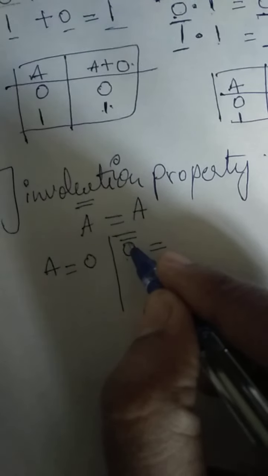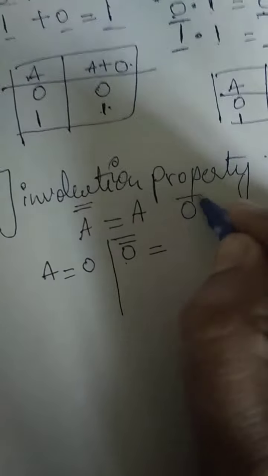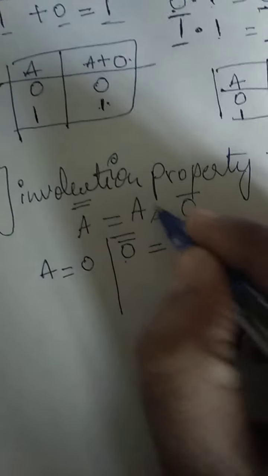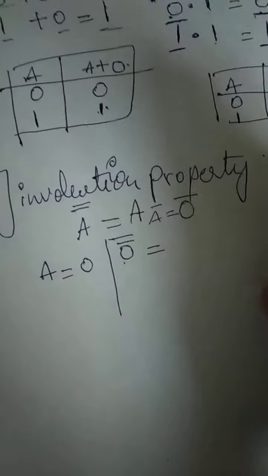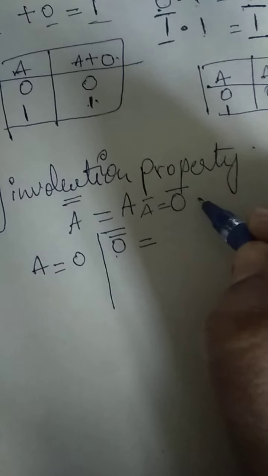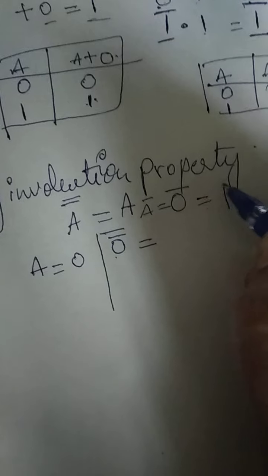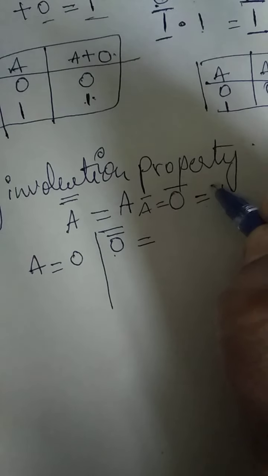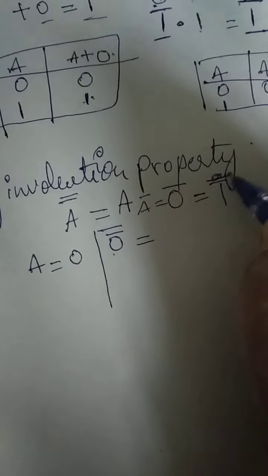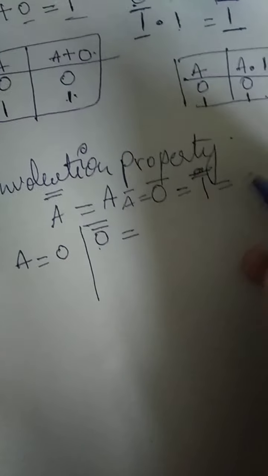So what is a single bar? If a is 0, then a bar will be 1. Then again we need to take the bar of 1, so the value of 1 bar will be 0.